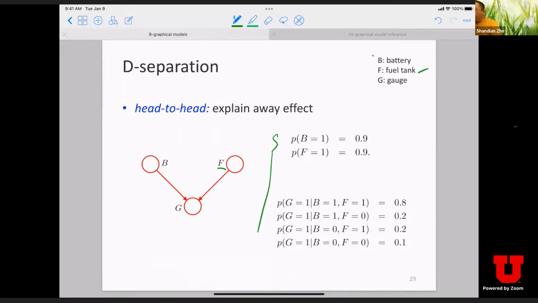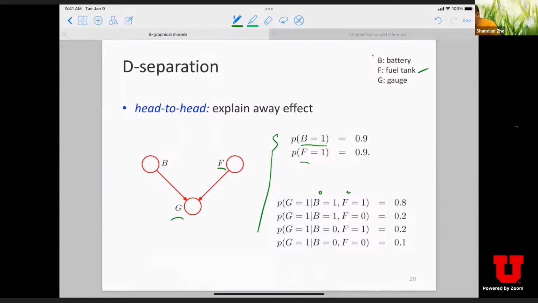So assume our prior belief is that the battery is working properly, meaning that the prior probability that the battery is alive is 0.9, and the prior probability that the fuel tank is not empty is 0.9 as well. And then given different values of B and F, namely the battery status and fuel tank status, we have the conditional distribution over the gauge reading. All those settings are reasonable.